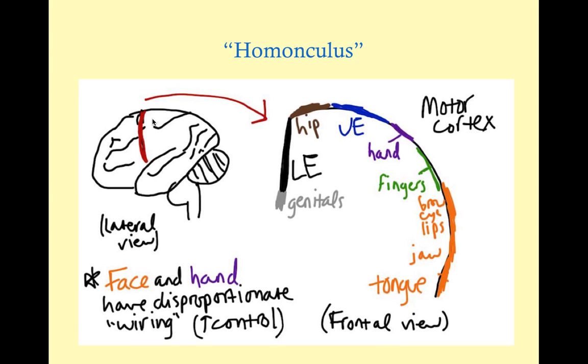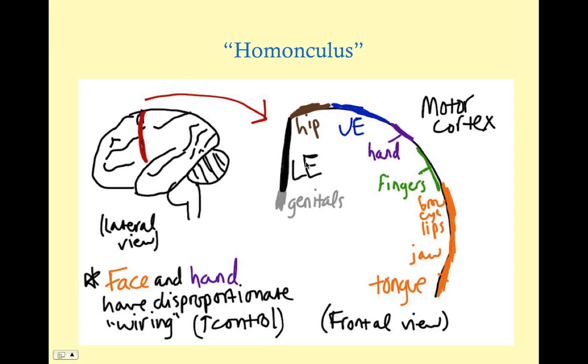Now, when you take a slice of the brain, so here we are looking at it from the side, and now imagine taking that slice, and now you're looking at it in the front. So this is medial here, and this is lateral out here by the orange. So lateral coming up superiorly, and then moving down, and this is medial down on this side.